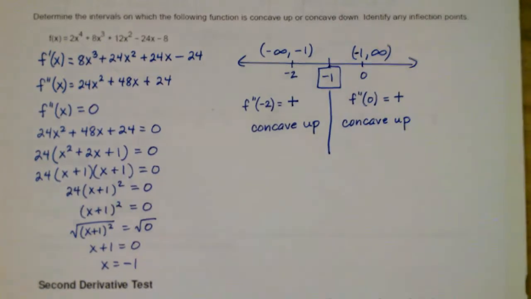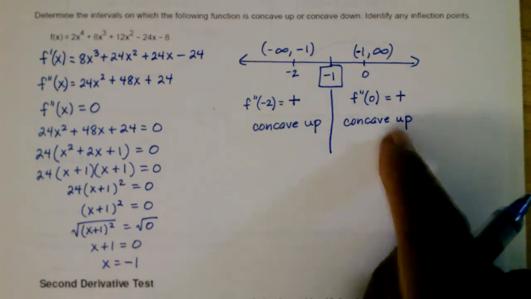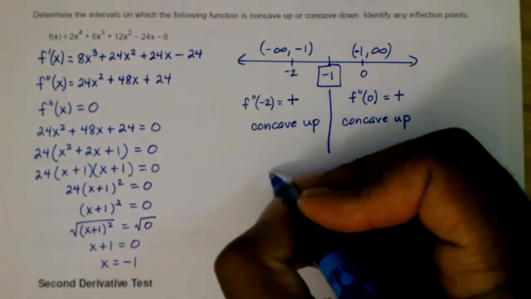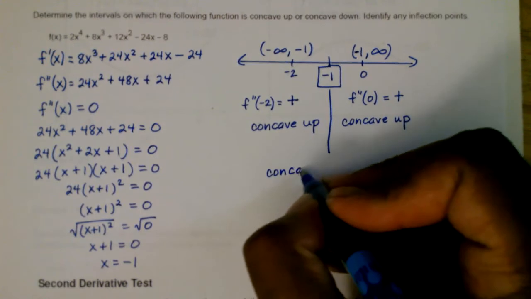So notice the graph did not change concavity. So that means that there is no point of inflection, because I'm going to be concave up all the way through from negative infinity to infinity.